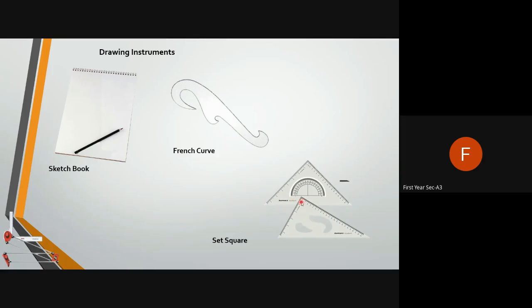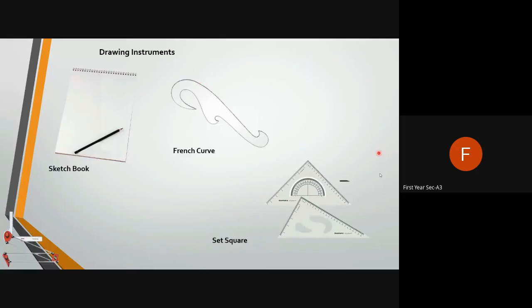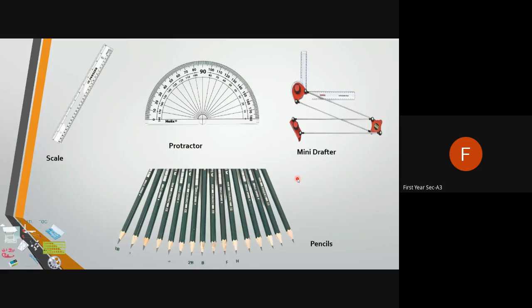Then scale, then this protractor to take angles. If you did not purchase this also, then also you have the protractor here itself, so no need to purchase this protractor.